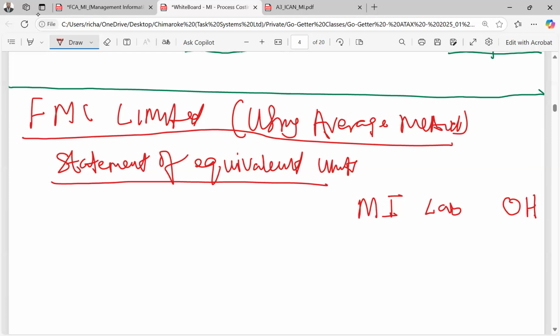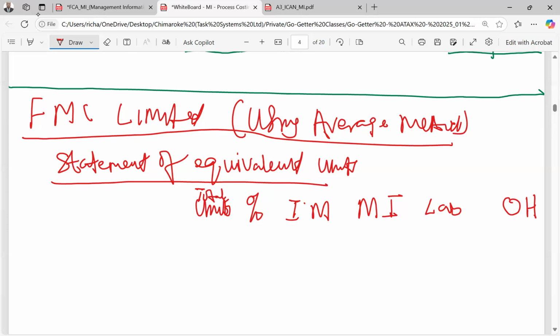And this is input material. This is the percentages, and this is units. Then I will say total units.